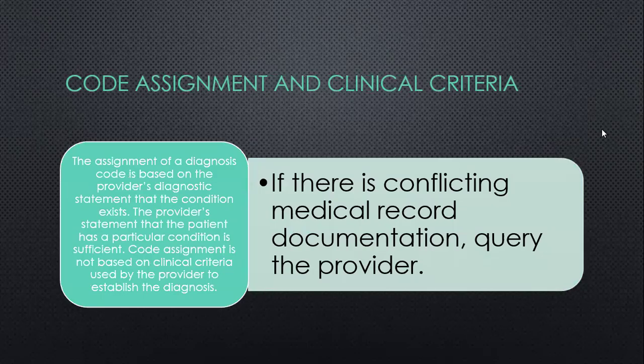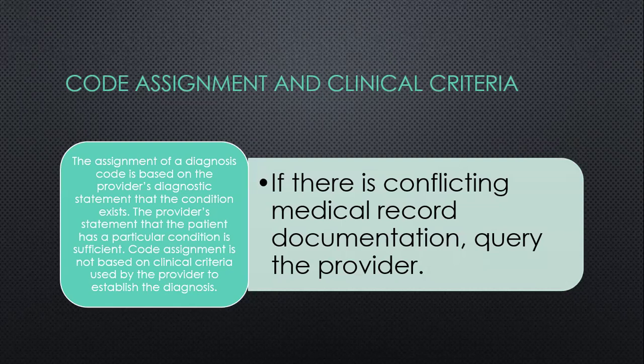Okay, code assignment and clinical criteria. So, the assignment of diagnosis is based on the provider's diagnostic statement that a condition exists. Okay, there are certain diagnosis codes that you don't have to have proof of a lab result or any other test to confirm or corroborate your provider's statement.